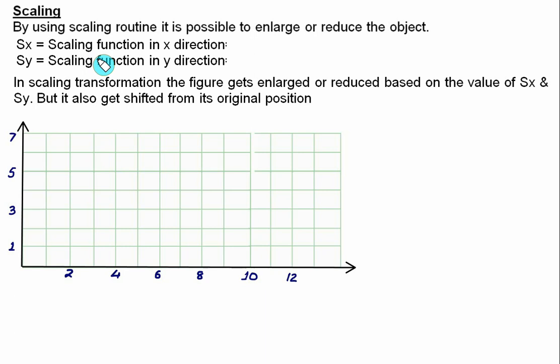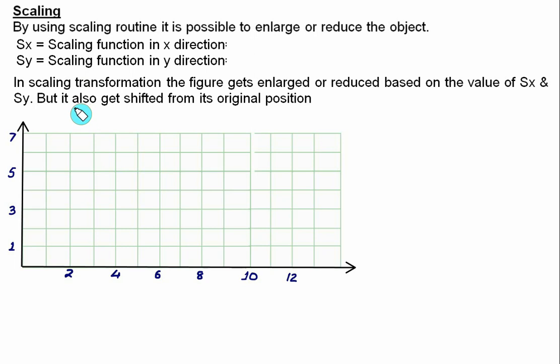The first transformation routine is scaling. By using the scaling routine, it is possible to enlarge or reduce the object. For this purpose, we'll define two scaling functions. Sx is the scaling function in the x direction and Sy is the scaling function in the y direction. Sx is nothing but the ratio of the new coordinate along the x direction divided by the original coordinate along the x direction, and Sy is the new coordinate in the y direction divided by the original coordinate in the y direction.